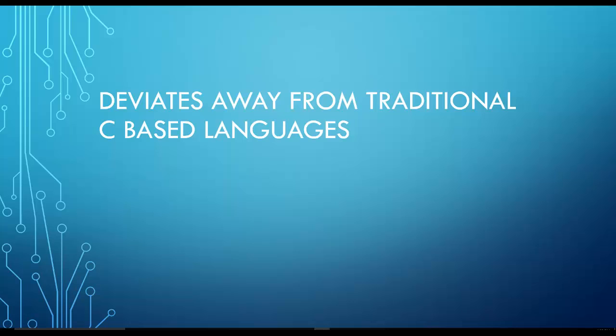It deviates away from traditional C-based languages, and this is actually one of the reasons why I haven't personally adopted Go in a lot of my projects. I don't use Go at work. There's not going to be any sort of possibility of us using Go probably anytime in the near future, maybe ever.